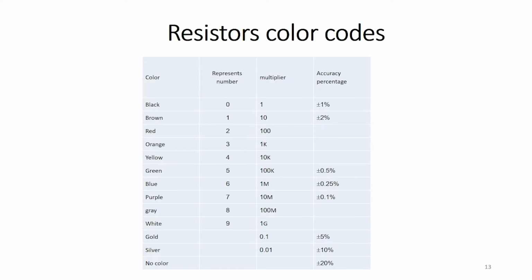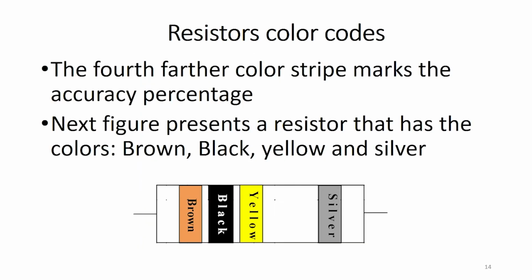The multipliers can be seen under the multiplier column. And the accuracy percentage is presented in the most right column. The commonly used accuracy percentages are 5% and 10% that are presented by the colors gold and silver.